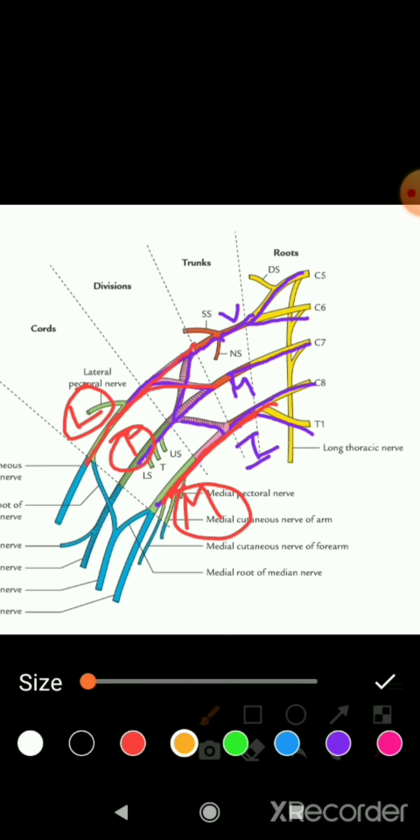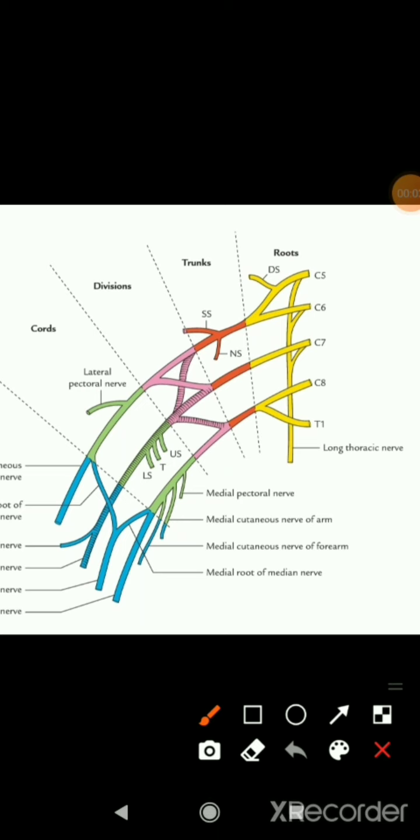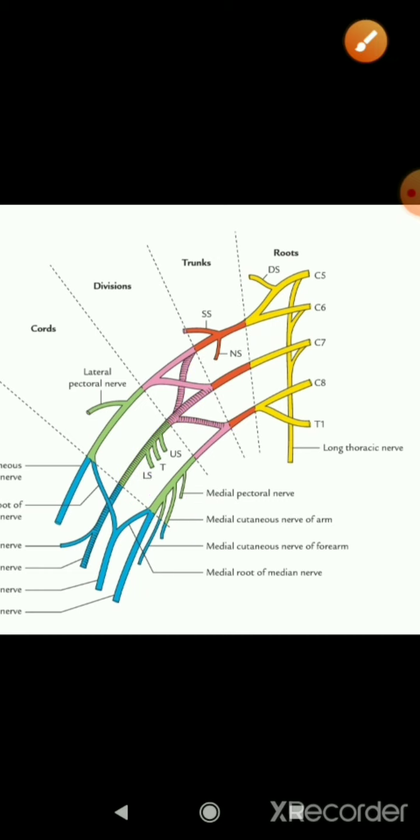That means the posterior division of the upper trunk, posterior division of the middle trunk, and posterior division of the lower or inferior trunk. Together they form the posterior cord. Now come to the branches.